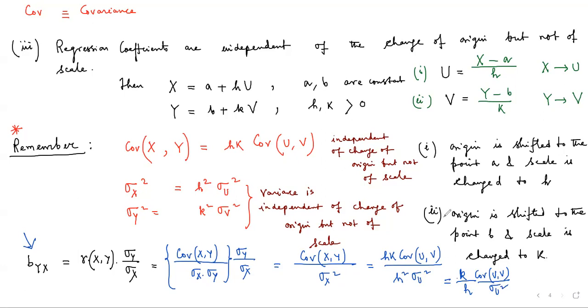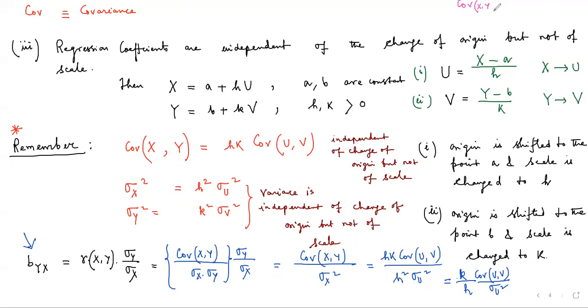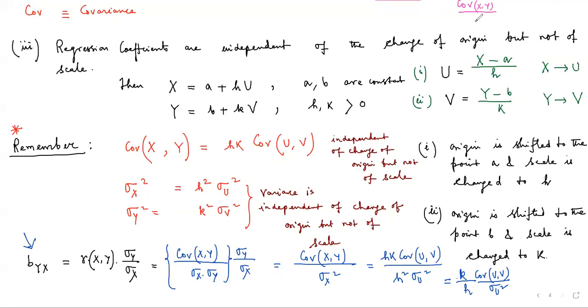Now carefully observe, if covariance of xy by sigma x square is equal to byx, then it is quite obvious that covariance of uv by sigma u square will be the same as bvu.